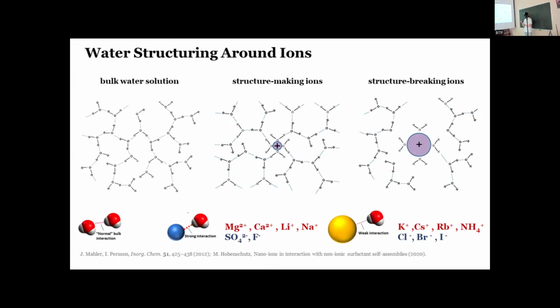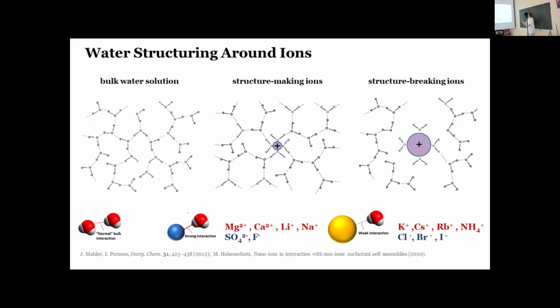In contrast, the structure-breaking ions have a less ordered hydration shell, so they can more easily lose their water molecules and approach DNA closely, including the major and minor groove.